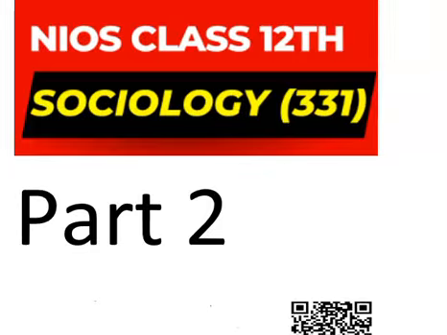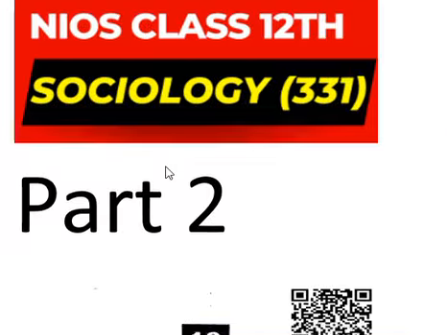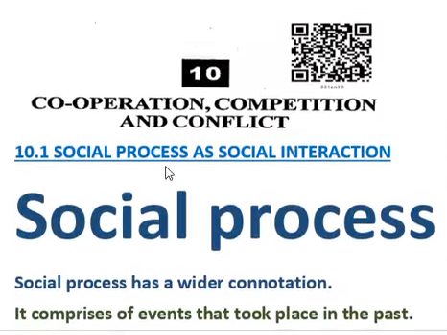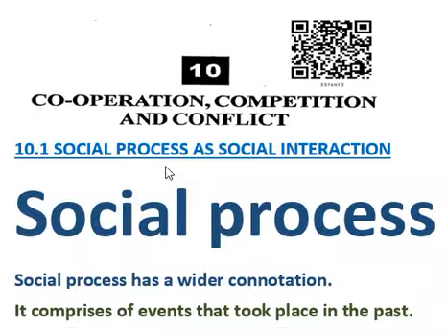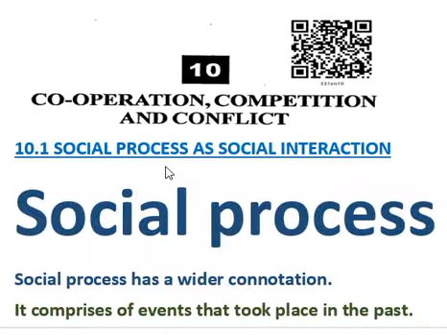And this is a lesson from sociology, NIOS, senior secondary. Here in this part, we deal with the 10th chapter of your sociology textbook, that is about cooperation, competition, and conflict.